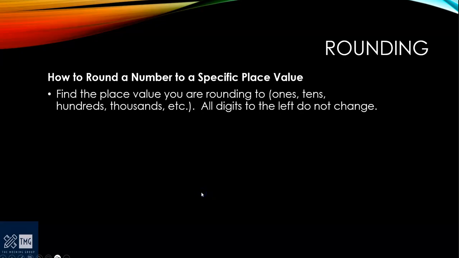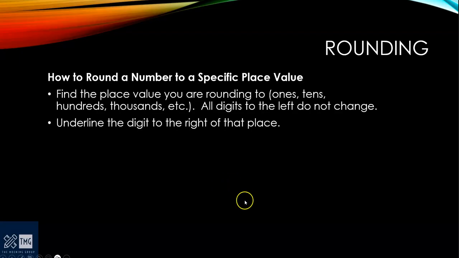So let's refresh. To round a number, we want to first locate the place value we are rounding to. So you really have to understand place value for this. When we are rounding, all digits to the left of the place that we are rounding to do not change. They stay exactly as they are. So we find that place value, we locate the digit directly to the right, and we underline it.